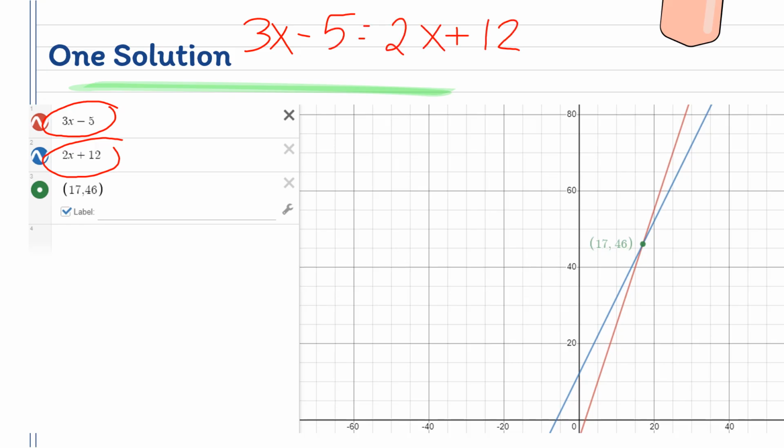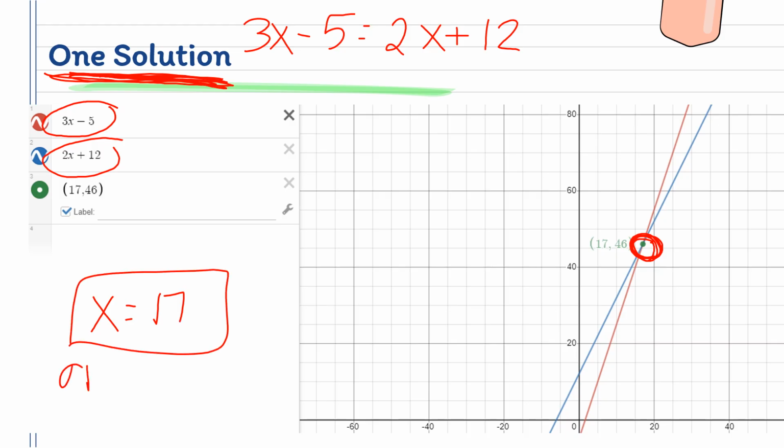We can clearly see that those two lines are meeting in this point. These two lines have one solution, right? When we solved it on the slide before, we wound up with x equals 17. That is one solution.